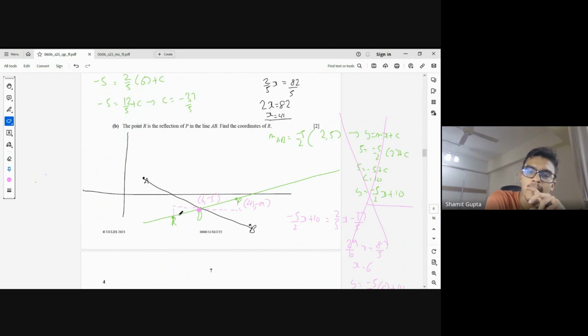Don't you think? So this was 35 units to the right, so it'll be 35 units to the left. So 6 minus 35. Okay. And this coordinate was actually 4 units down. So our diagram is really inaccurate. Over here, P is up, right? So this is 4 units down.